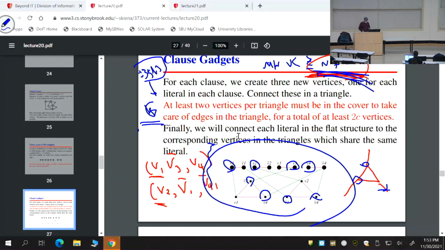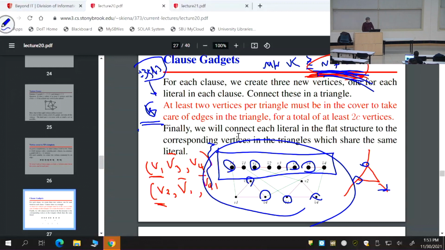And once you give me that cover, I can read off what was a truth assignment to your formula. The great thing here is that if I can find a cover of this size, your 3-SAT problem was satisfiable. If I could solve vertex cover quickly, I could solve 3-SAT quickly.